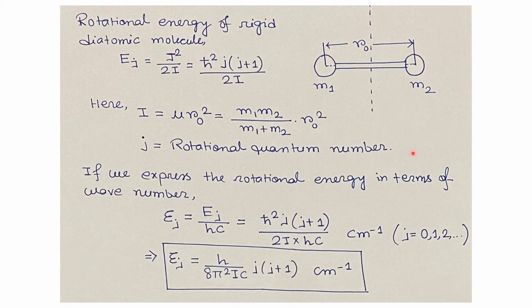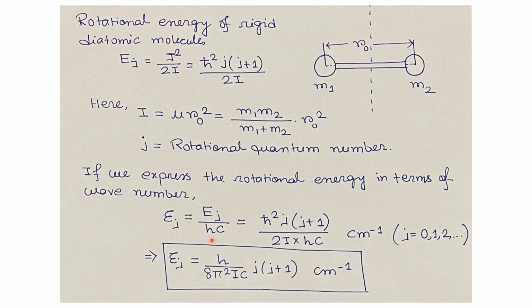Now, in the case of Raman spectroscopy, we usually represent the Raman spectrum or Raman shift in terms of wave number. So, we will convert this energy of this rigid diatomic molecule in terms of wave number. In terms of wave number, the energy of the system, small EJ, equals capital EJ by hc.